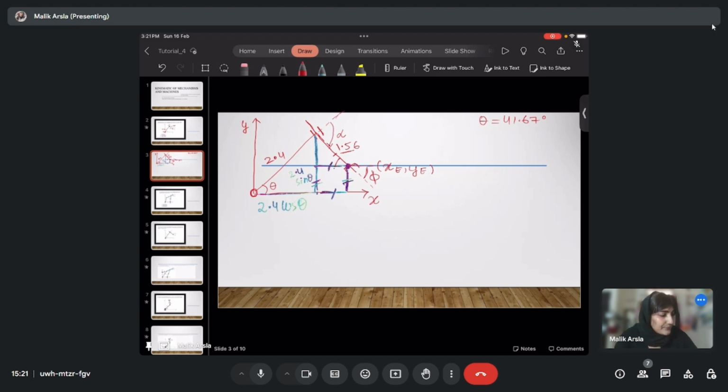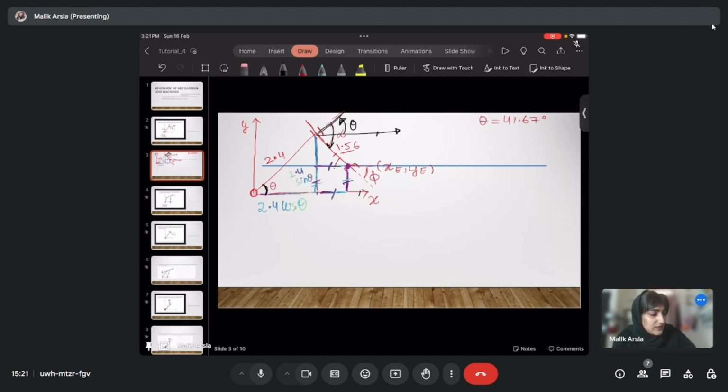So look here, if I draw a horizontal like this, this whole angle is alpha, but this line is parallel to this line, so this angle here is theta, so this angle will also be theta, measured in anti-clockwise direction.